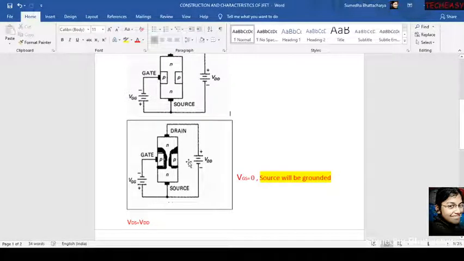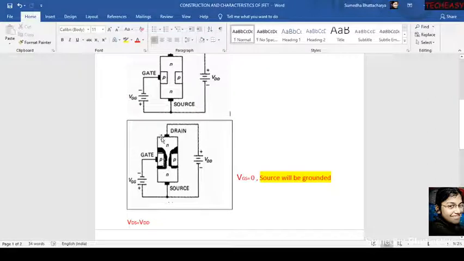But you can see that with increasing VDD, the depletion region will also increase, and the width between these two becomes much smaller. The N channel will be very narrow. So it acts like a resistance.